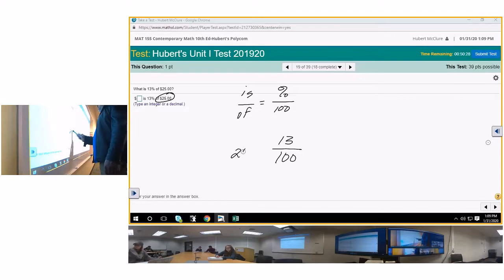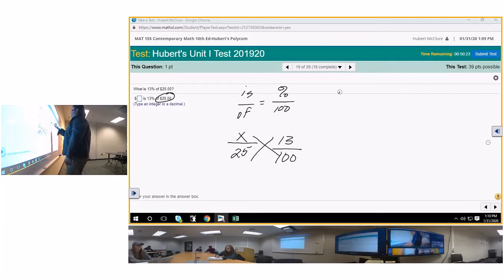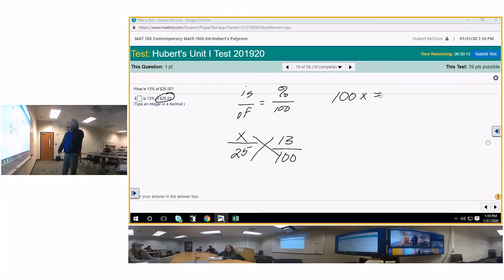Of. 100x is equal to 25 times 13. Well, that's going to be 25 times 10, which is 250, plus 75 is what? 420? 420? Somebody check me.